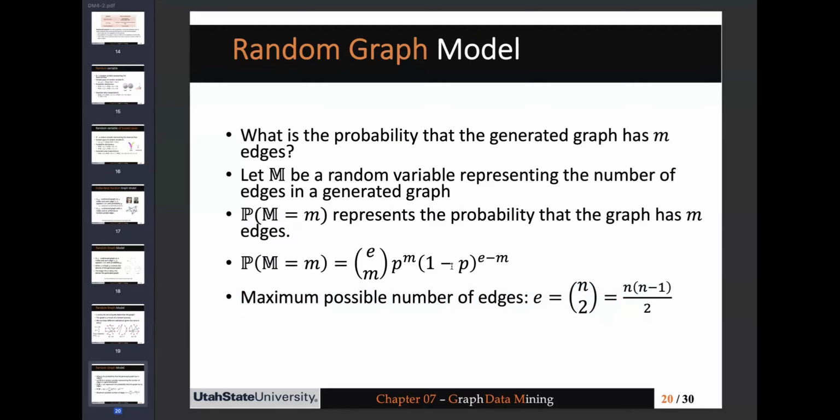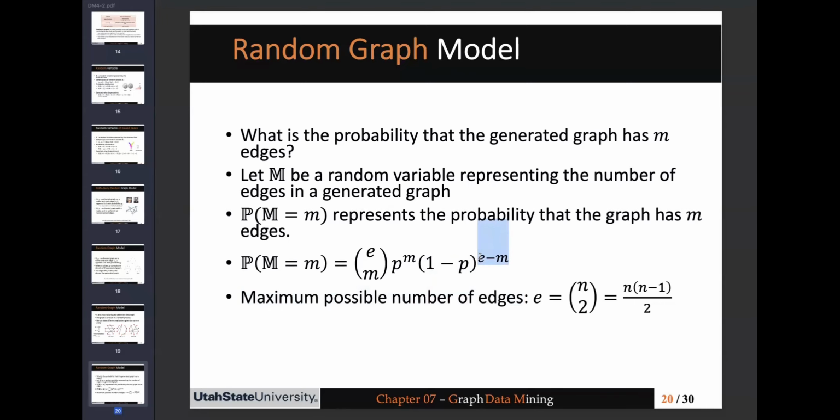So the probability that the graph has exactly m edges, right? So P(m), if we want an exact number m of edges using that probability p, is nothing but E choose m, where E is the maximum number of edges, if we choose m from them, times the probability of the edge existence, which is p, m times, because we want to have m edges in our graph, times the probability of not getting an edge in the remaining edges that do not exist in the graph, which is 1 minus p, E minus m times.